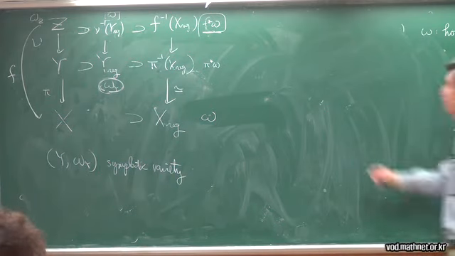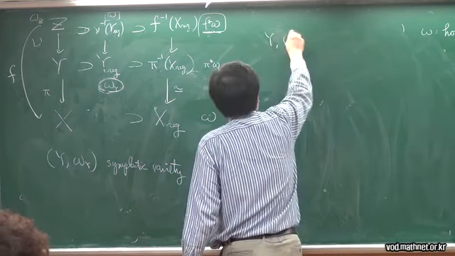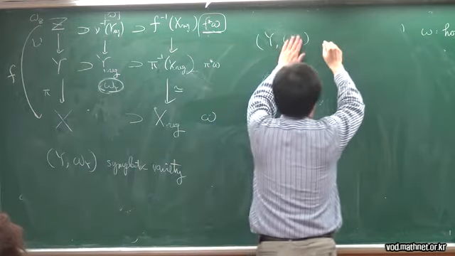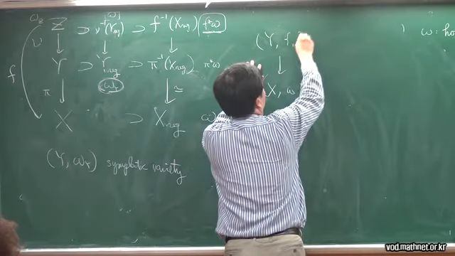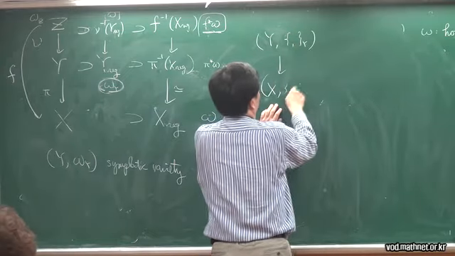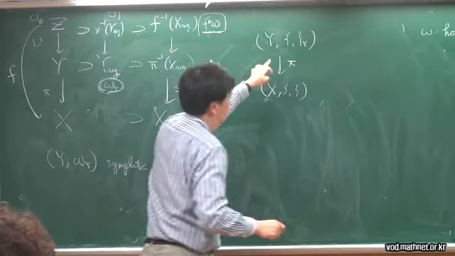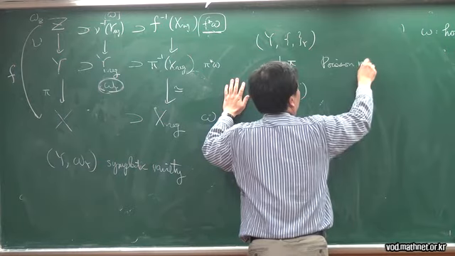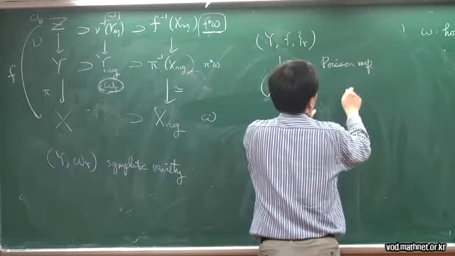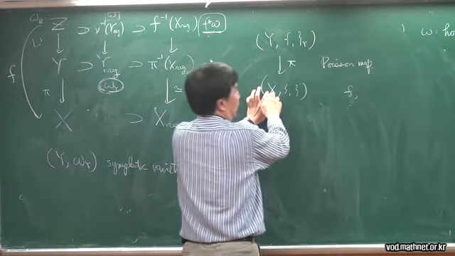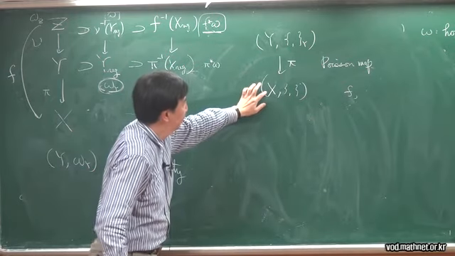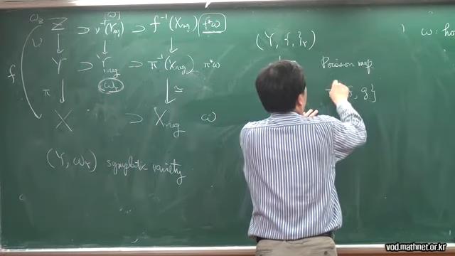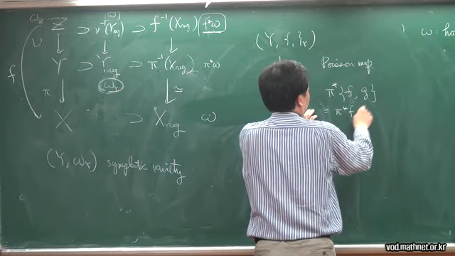And now we have 2-forms here, omega Y and omega X. And it gives a Poisson structure, and this pi becomes a Poisson map. This means that if you take f and g, local functions on X, then pi star of the bracket of f and g is nothing but the bracket of pi star f and pi star g.